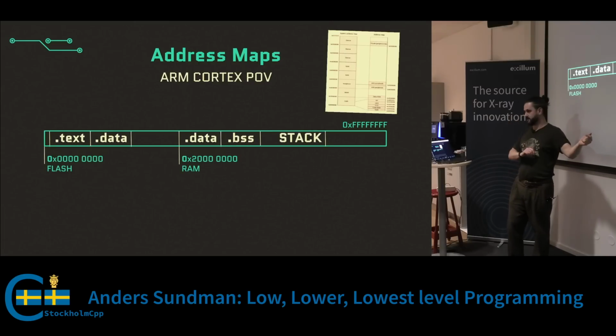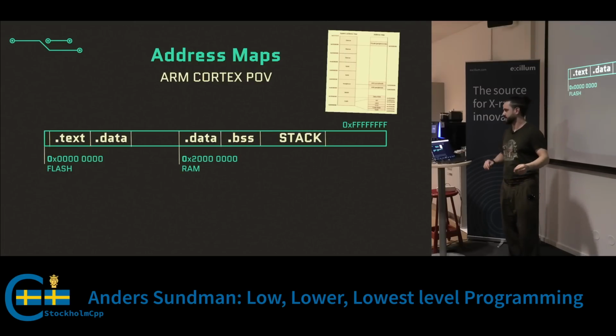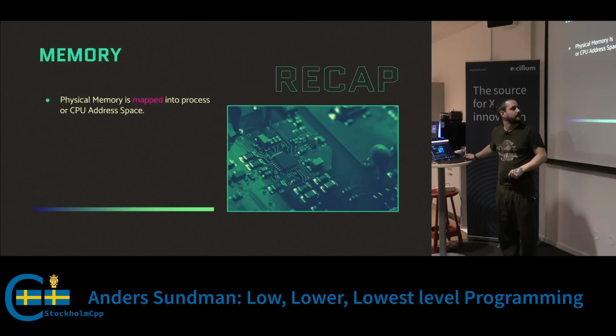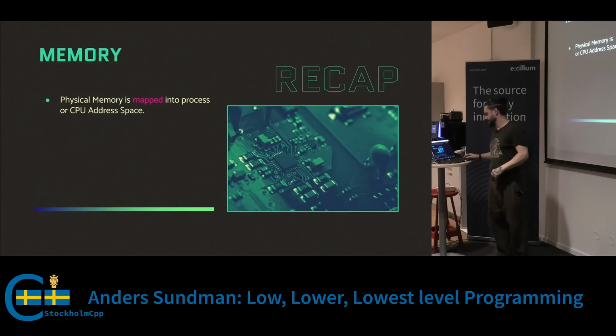We don't have any heap here, as you can see, but that's OK. You could just add more sections and get heap if you wanted. So this is now what the CPU sees when we compile. OK. Let's recap. Physical memory is mapped into processes, or process space, or CPU address space.